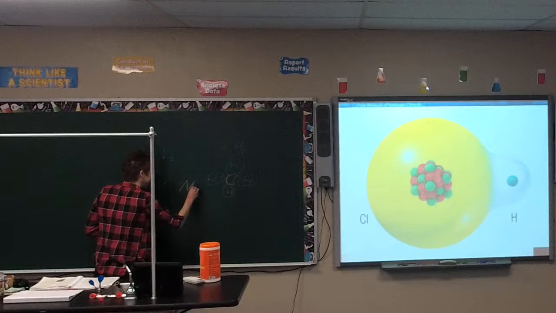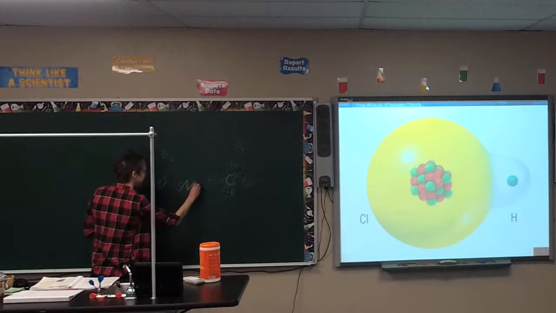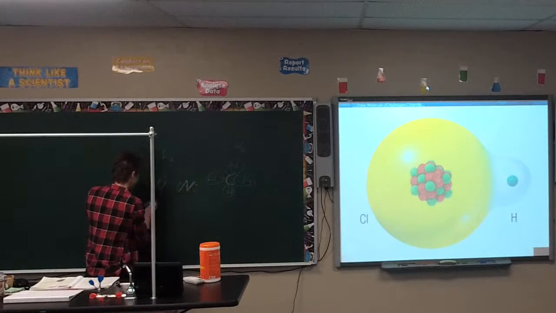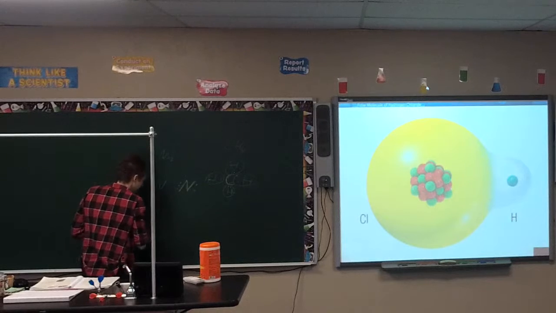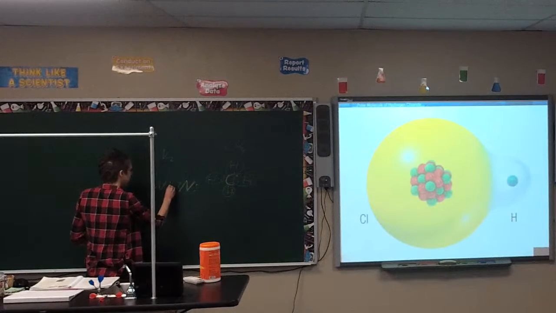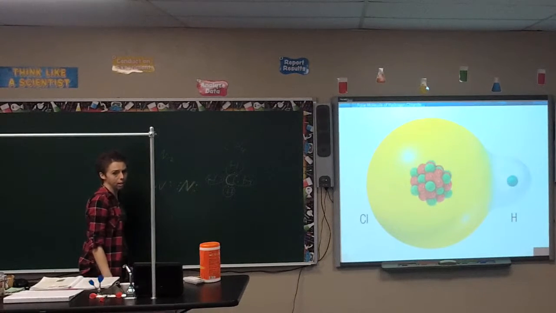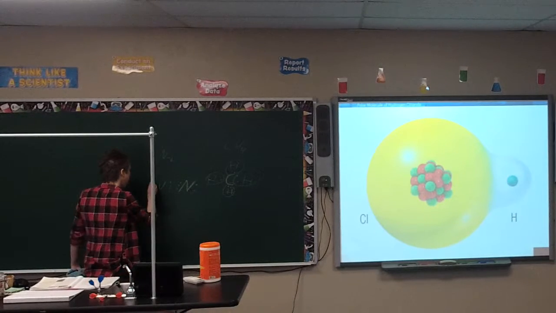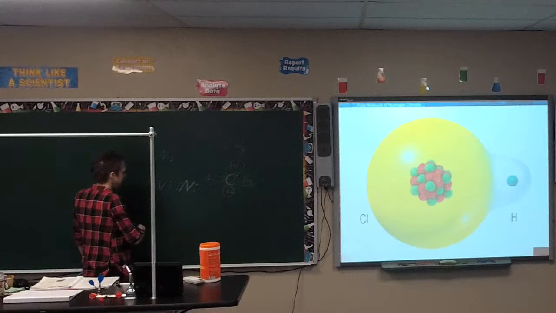Good job. So it has 2 that are not being shared, but 3 are being shared. The second nitrogen will come up and share its 3, and if it's sharing 3, how many is it not sharing? 2.